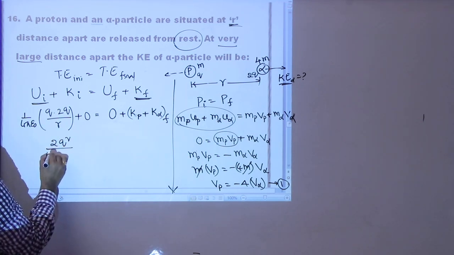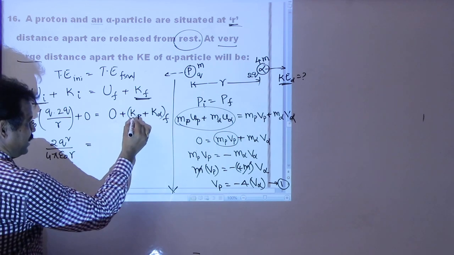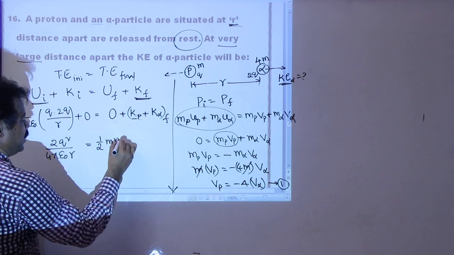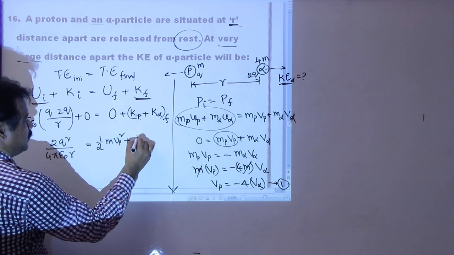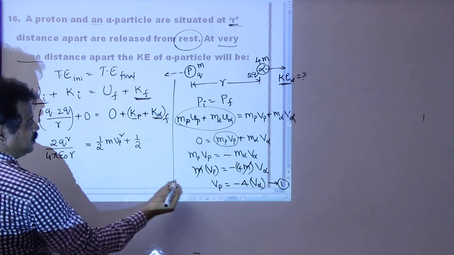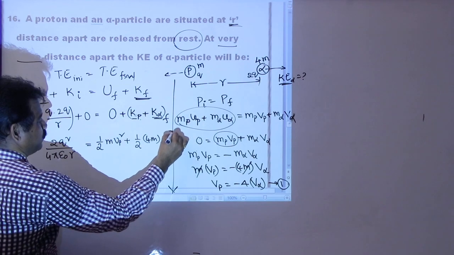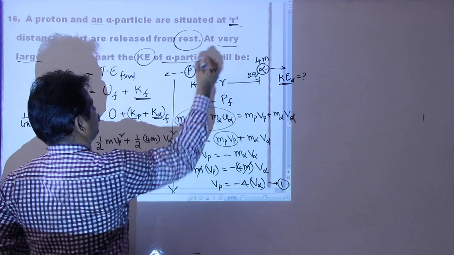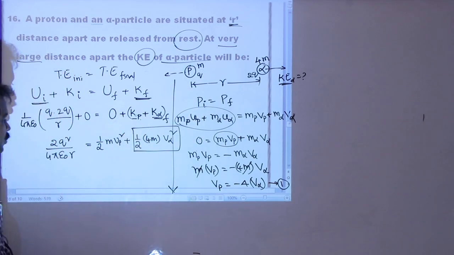So here you can write 2q square by 4 pi epsilon naught r is equal to the kinetic energy of the proton, which is given by half m v square for proton, plus half m for alpha, but mass of alpha particle is 4m. So 4m into v alpha square. But I need kinetic energy of alpha particle. That means I need this value.